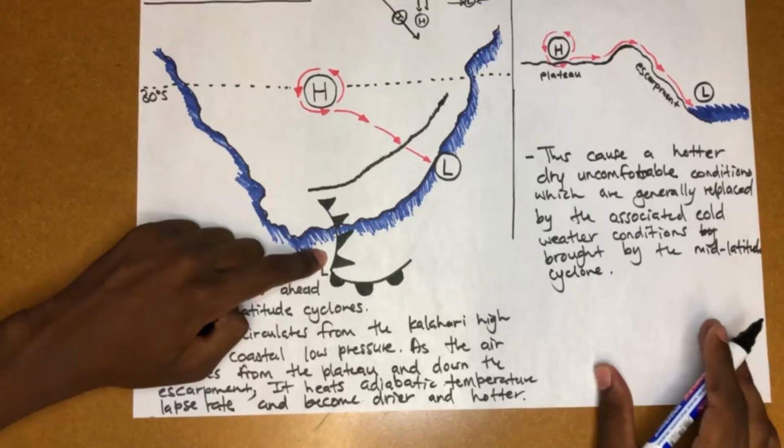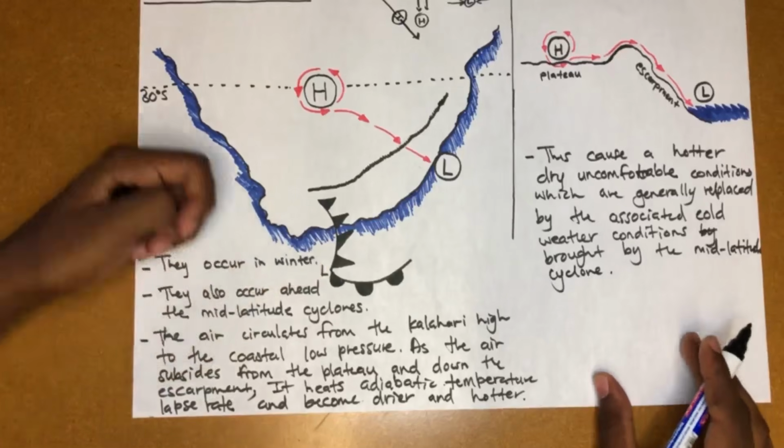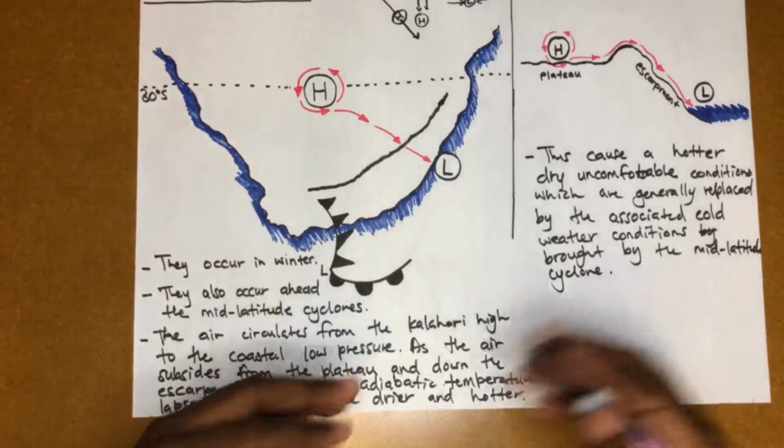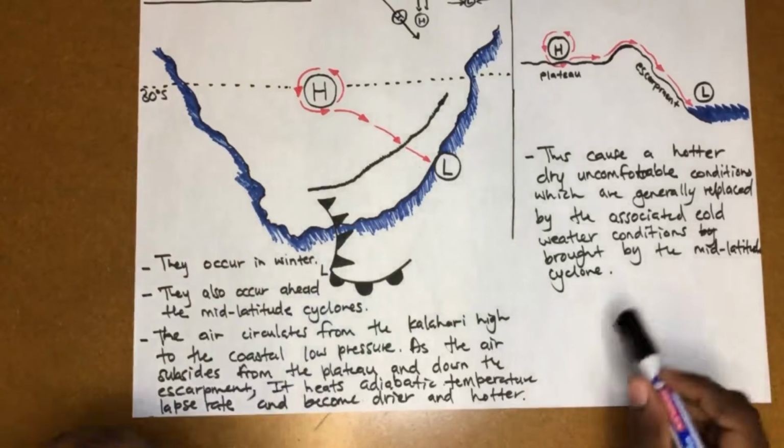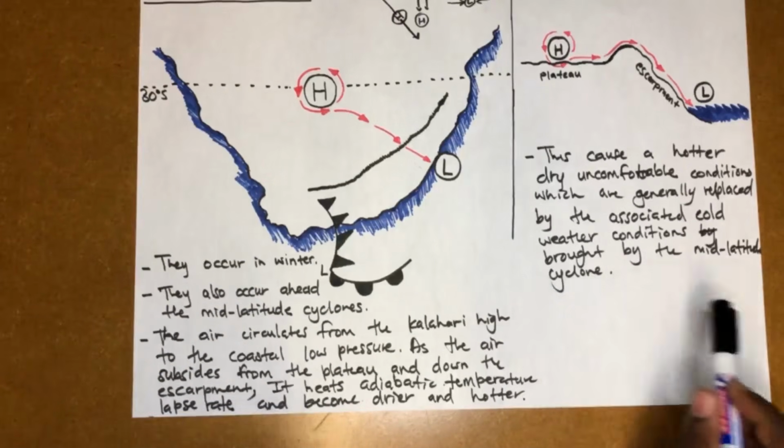That's how it goes. So this causes hot, dry and uncomfortable conditions, which are generally replaced by the associated cold weather conditions brought by the mid-latitude cyclones.